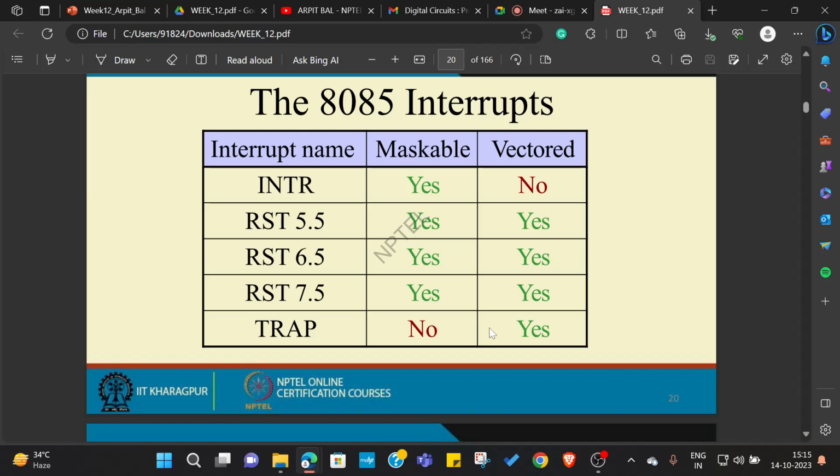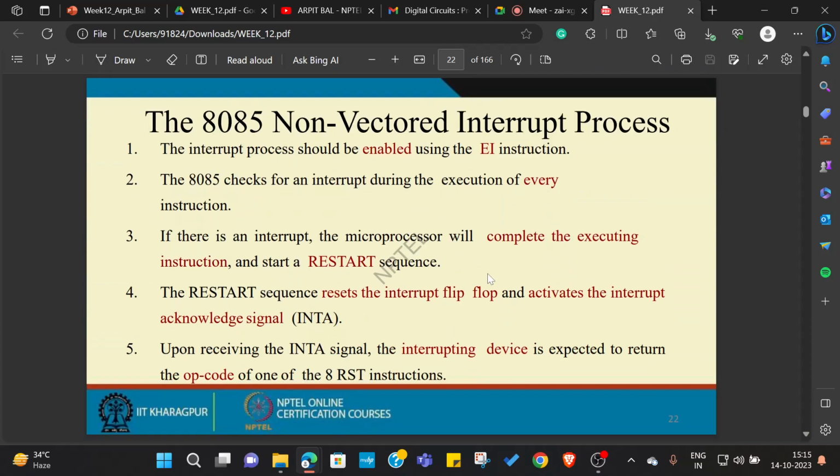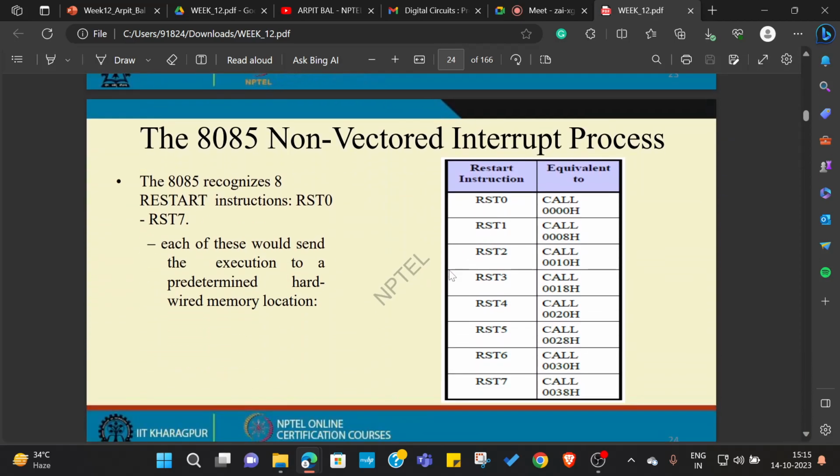It is better to keep in mind which interrupts are maskable and which are vectored.